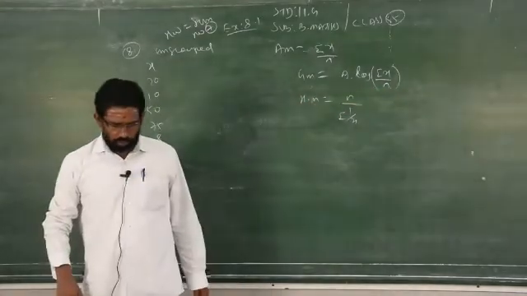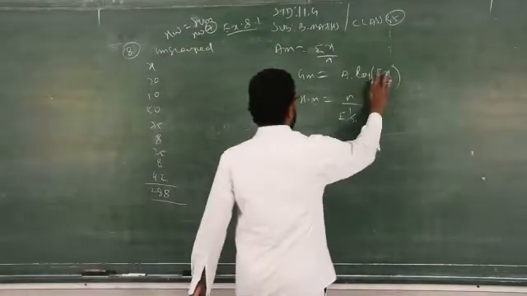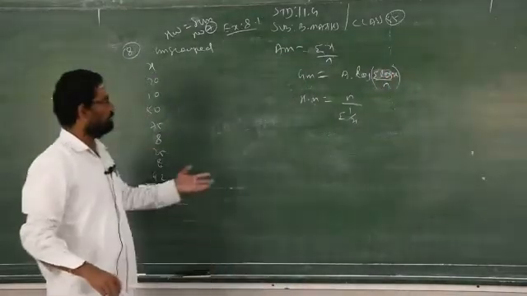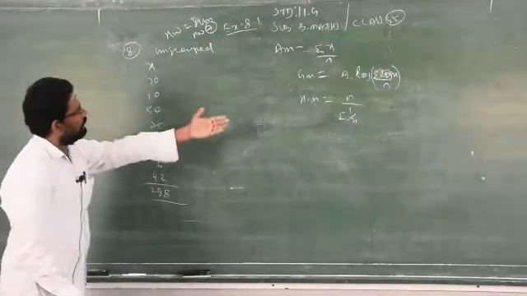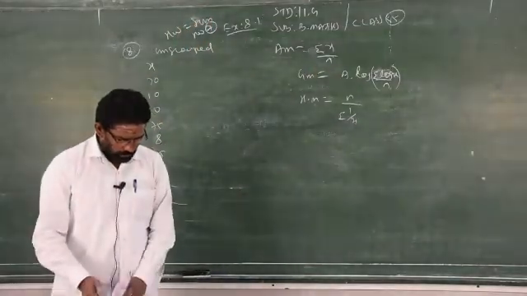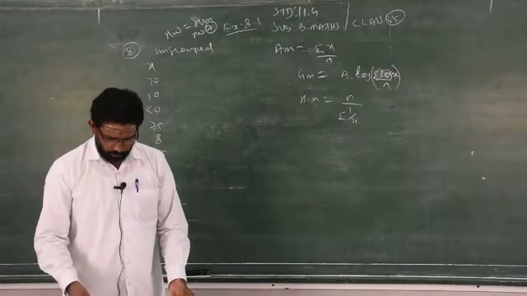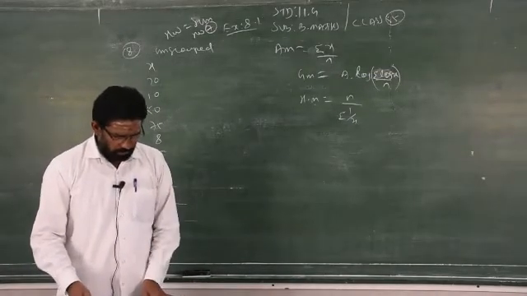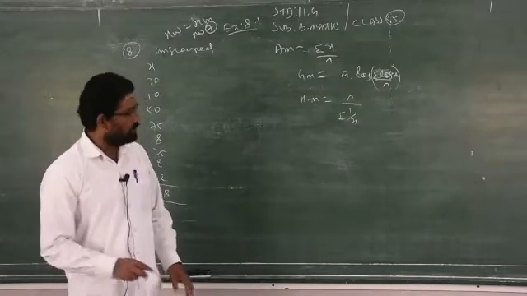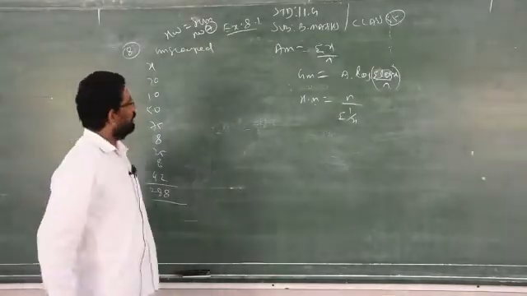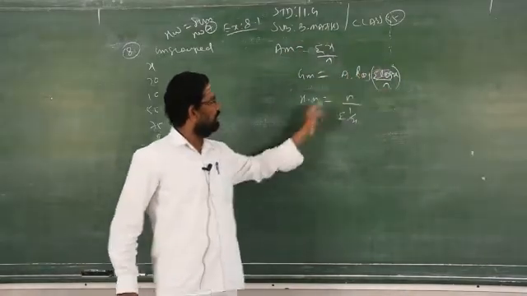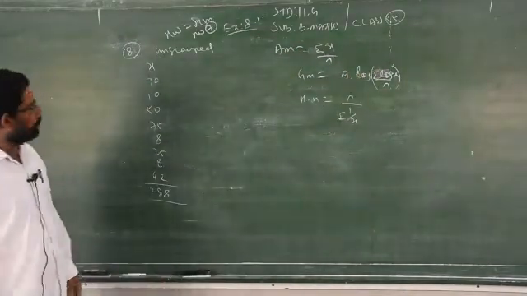So these are the formulas for ungrouped data for AM, GM and HM. We will check the formulas, just you have to verify them, otherwise we will get wrong answer. It is correct. Clear? AM is summation x by n, GM is anti-log of summation log x by n, harmonic mean is n by summation 1 by x.